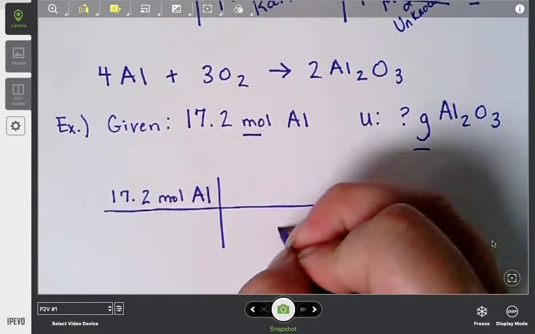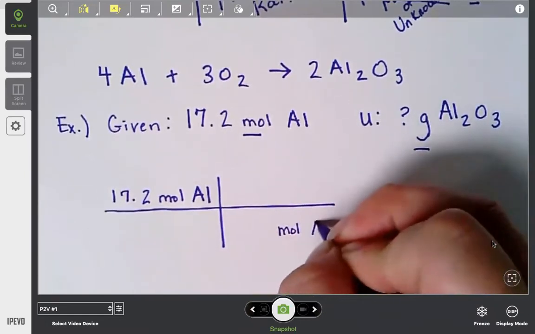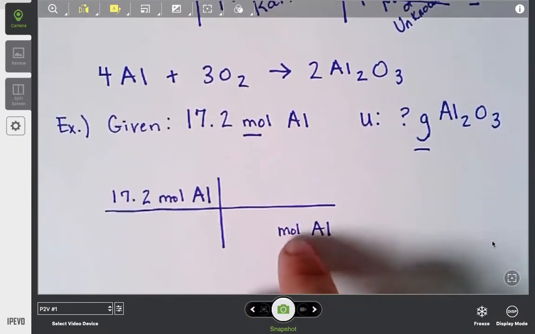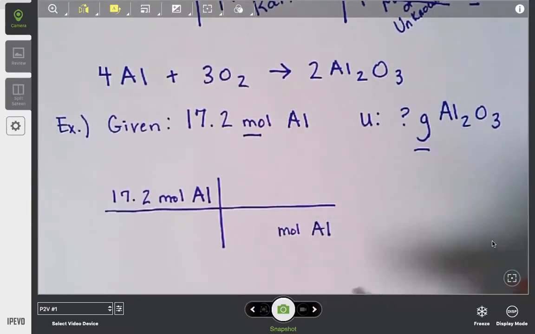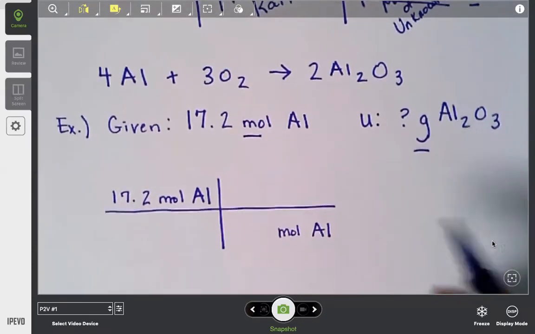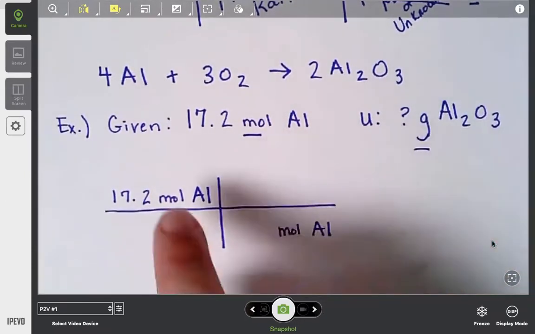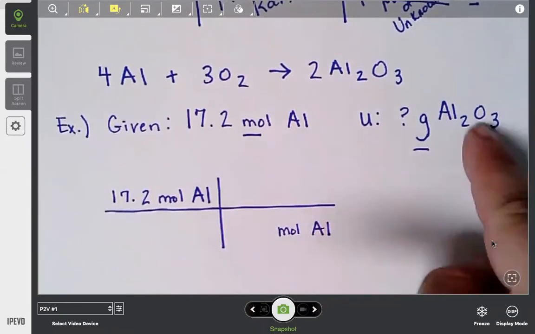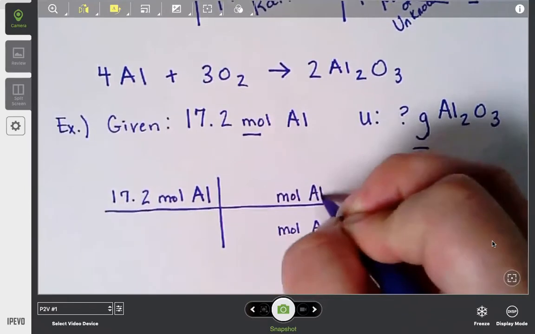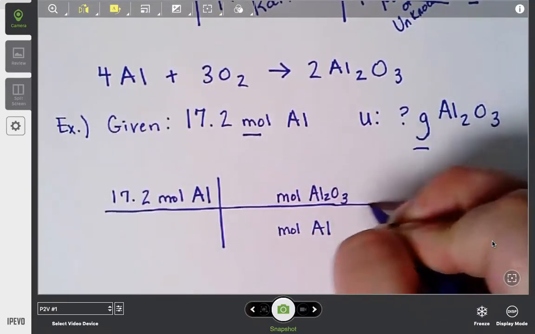Moles of aluminum, exactly. Since I have moles of aluminum down here and I have moles here, I'm going to have to use my mole ratio at this step because I don't want aluminum. I want aluminum oxide. So the only way I can get from one substance to a new substance is to use the mole ratio. So I have moles of Al2O3.